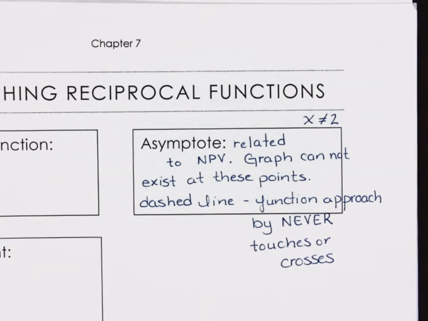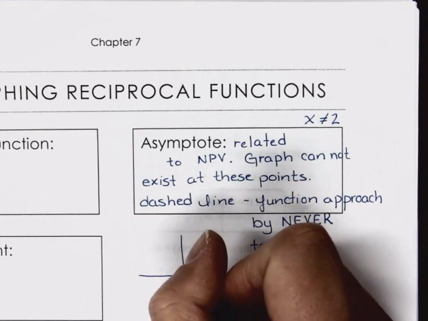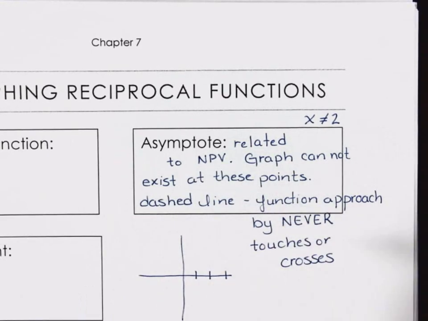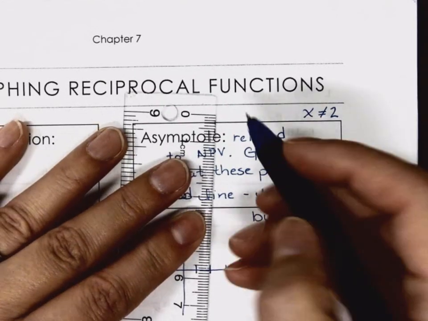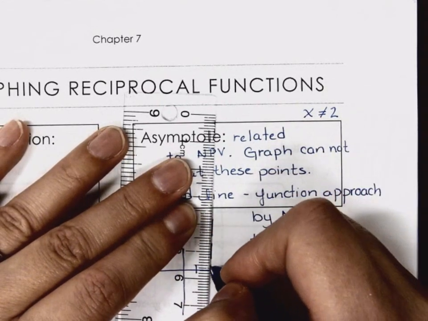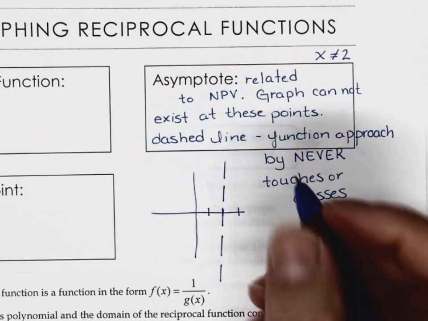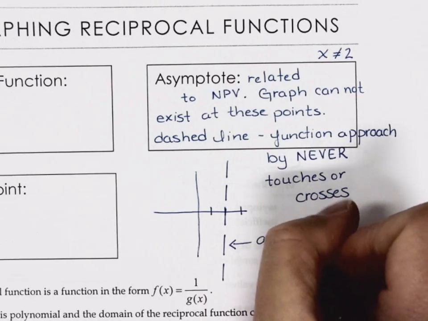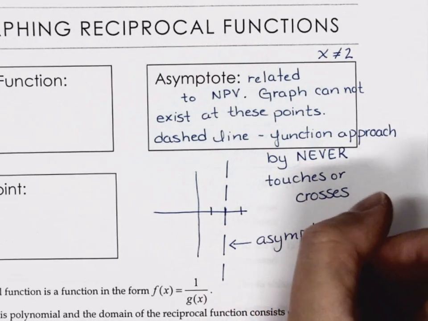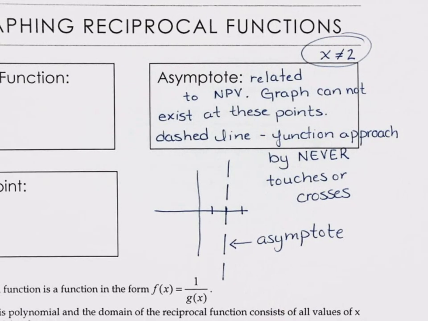What that would look like on a graph is, like, 1, 2, 3. I would take my handy dandy ruler and put a dashed line where x is equal to 2. That thing here is an asymptote, and that's because the non-permissible value is 2.